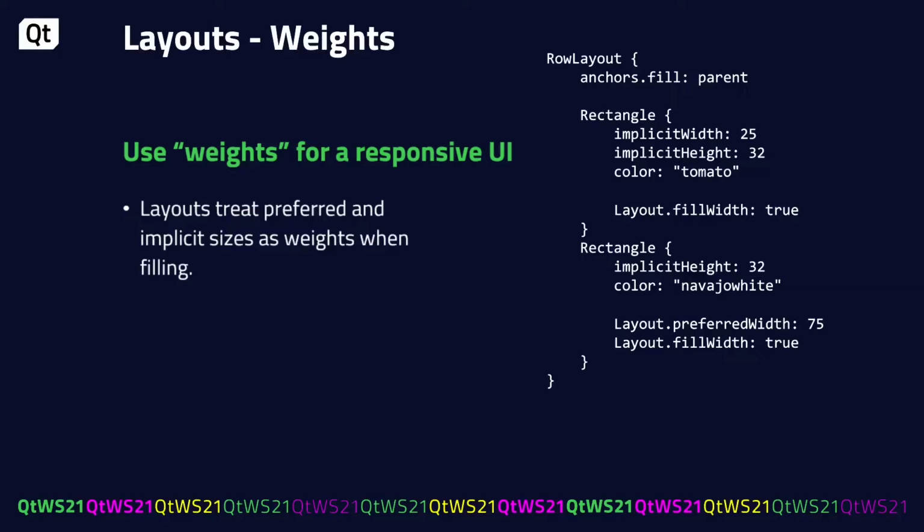So they're both trying to fill the size of this row layout, but they also have implicit width set to 25 and 75 respectively. So what ends up happening is you have the first one taking up 25% of the width of the row layout, and the second one taking up the remaining space. Here I'm using 25 and 75 just to make it easier to understand, but you can use any values so long as they're proportional.